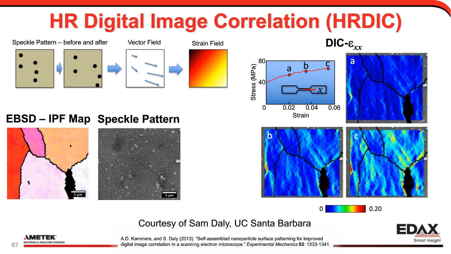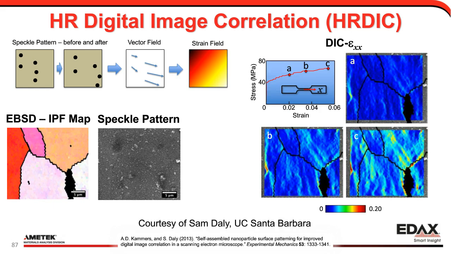And if you do the EBSD prior to putting on the speckle pattern, then you can map out the grain boundaries from the original measurement and see how things are changing. Now those grain boundaries may have moved a bit because of the straining process, but what you're seeing is the overlay from before the strain is applied.